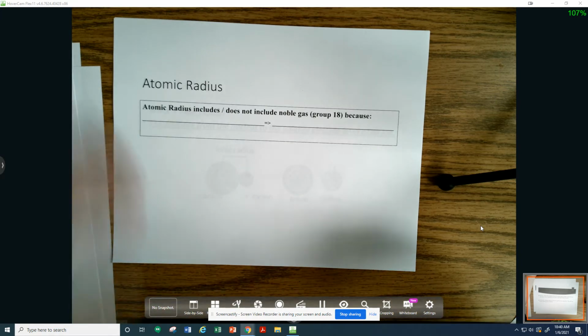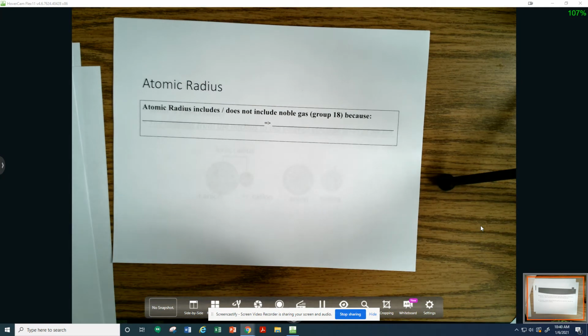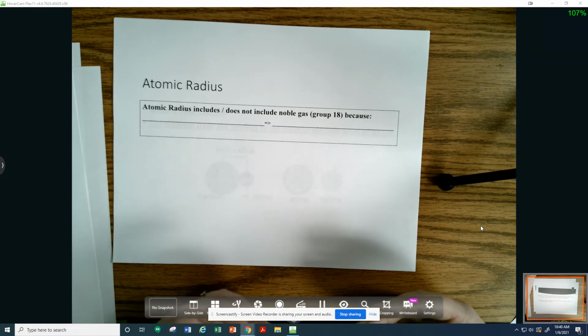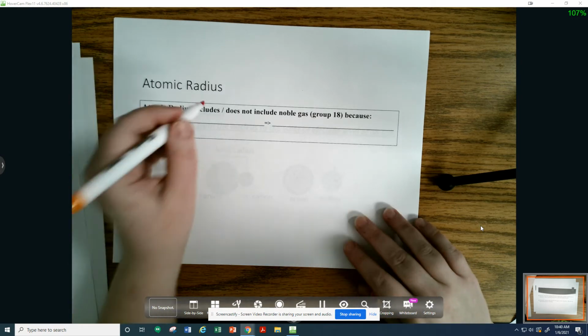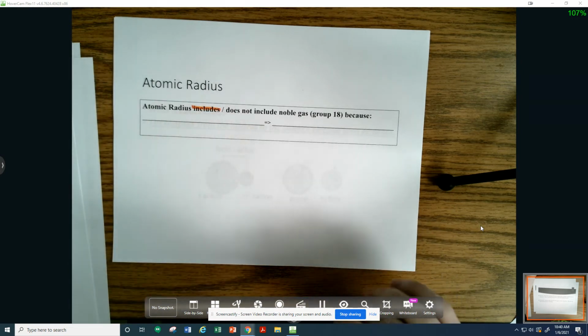So the last thing is, with every trend, we're going to talk about whether it includes or does not include family 18, or the noble gases. Depending on what the pattern is showing for those elements, sometimes the noble gases follow that rule and sometimes they don't. When we describe and discuss atomic radius, we can include the noble gases.